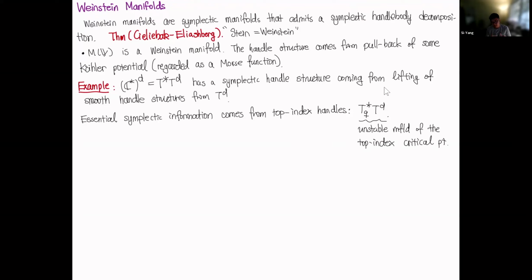And it is always a disk because they will just go to infinity. You start with a disk and then near infinity there are no more critical points, so you just freely flow along your gradient vector field, and then you get a single cotangent fiber. So our computation is just based on this simple fact.